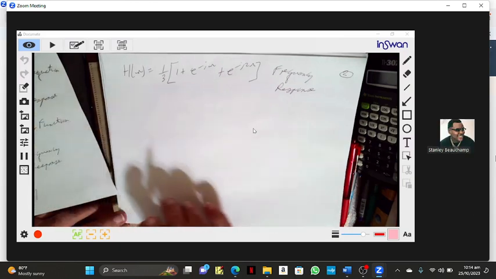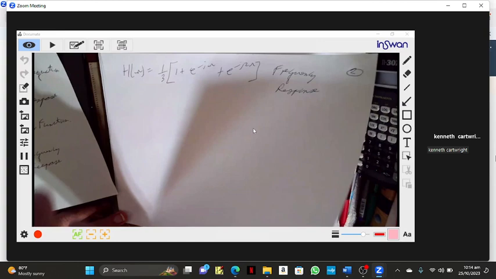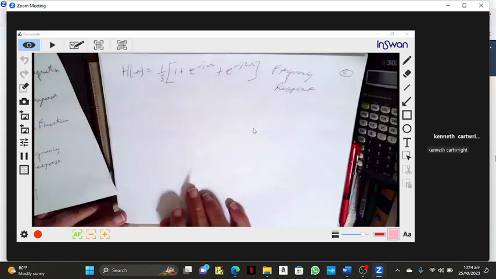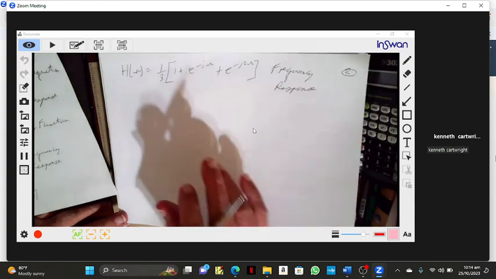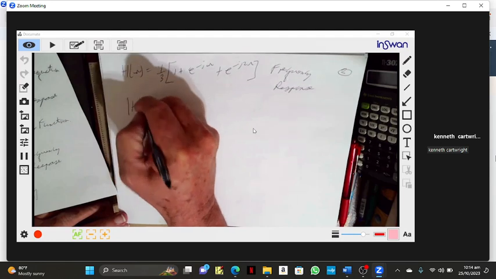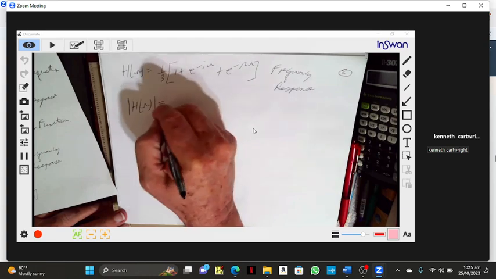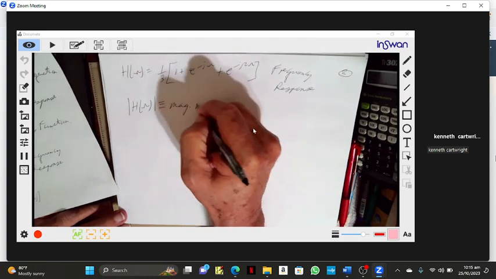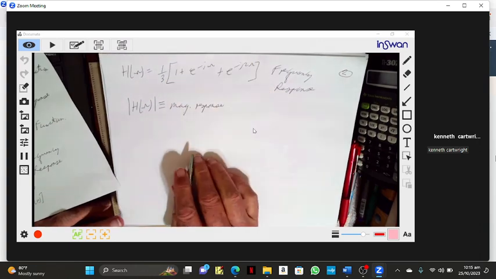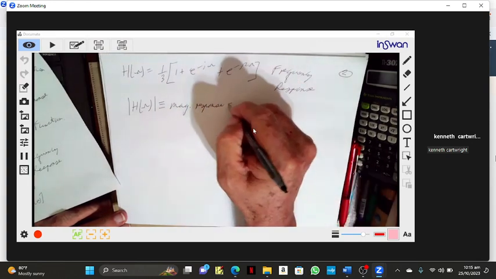That's the frequency response, right? Now I'm asking if it's the magnitude of the frequency response. Exactly. When we ask for the magnitude response, we are actually asking for the magnitude of the frequency response. But quite often we don't say all that. We just say, what is the magnitude response? So that is the magnitude response. Now tell me how to get it.